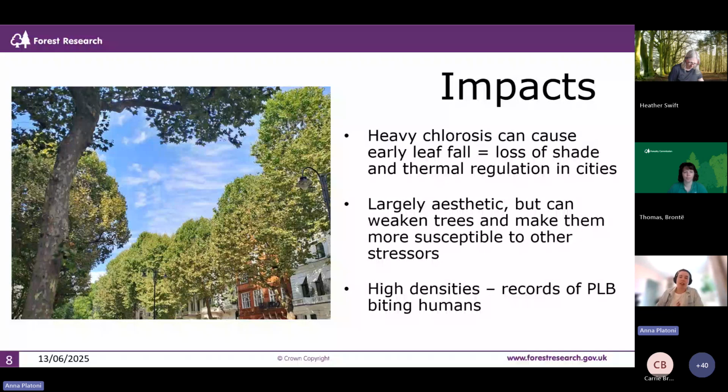It's possible, though, that repeated heavy infestations year on year might weaken trees and make them more susceptible to other environmental stresses such as drought, which of course for urban trees, they may already be quite stressed. And then the other thing to note is that at very high densities, PLB can fall from the canopy onto people walking or sitting below trees, and there are records of people being bitten by PLB.